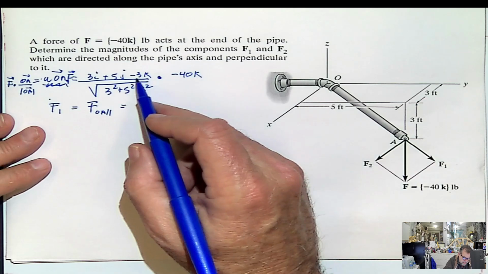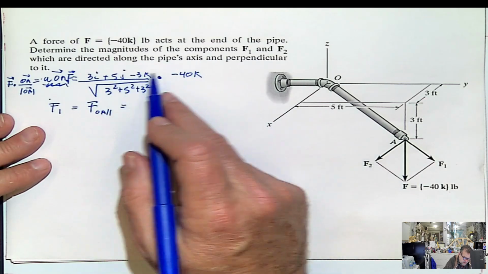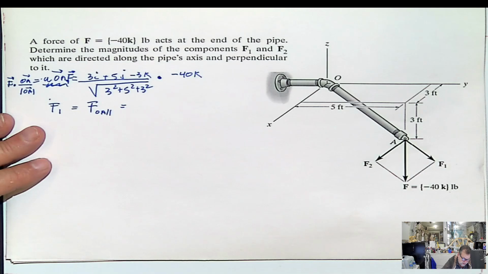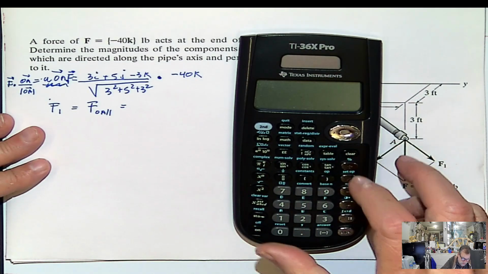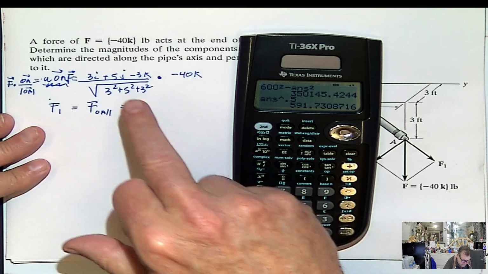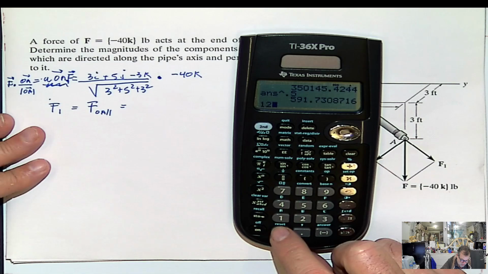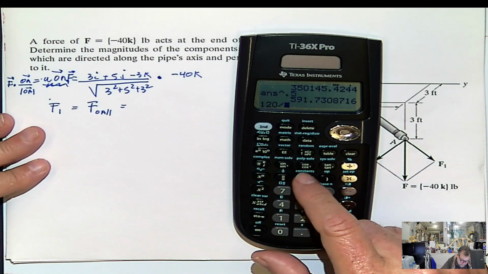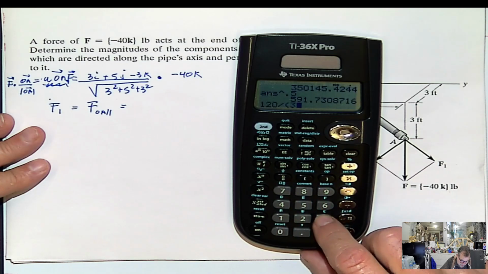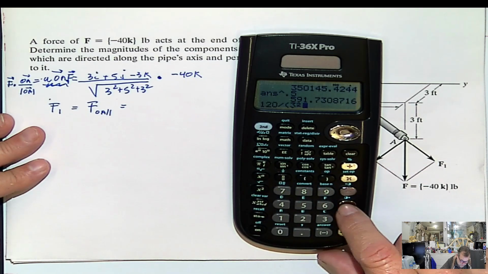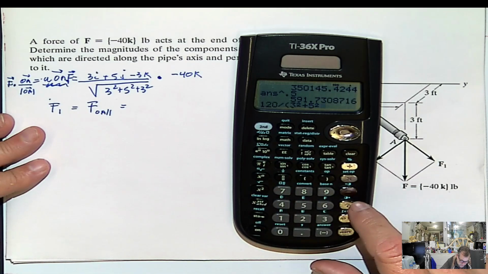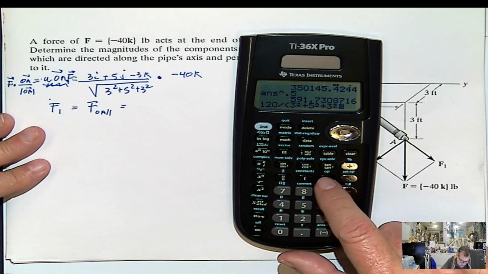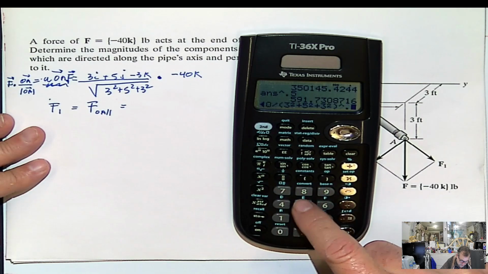So basically I don't have any J, so the only thing is K, and that will be 3 times 40 is 120, 120 divided by 3 squared plus 5 squared plus 3 squared elevated to the 0.5.